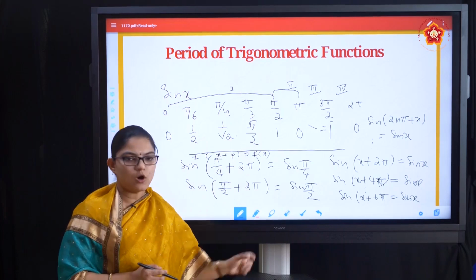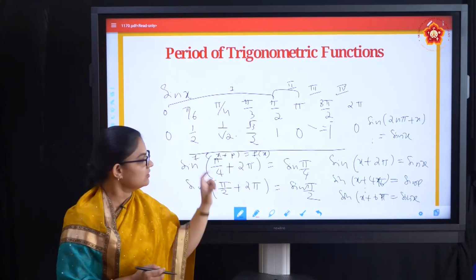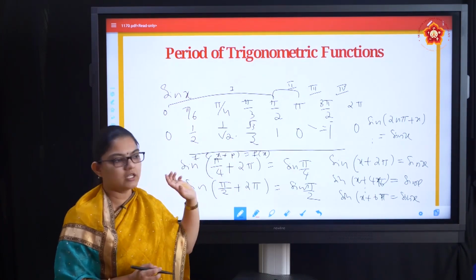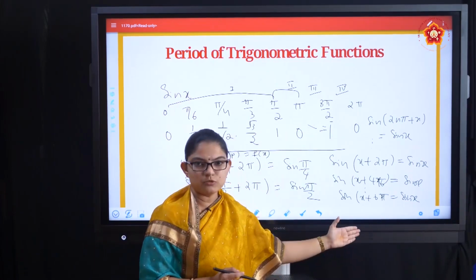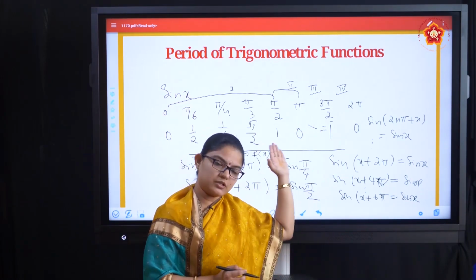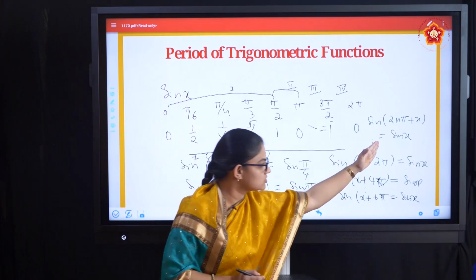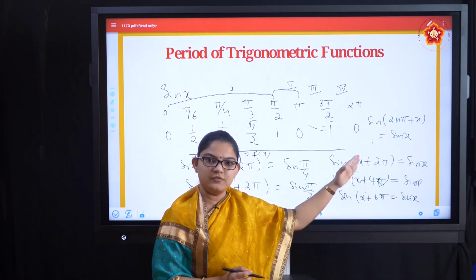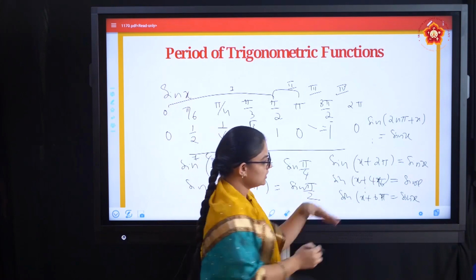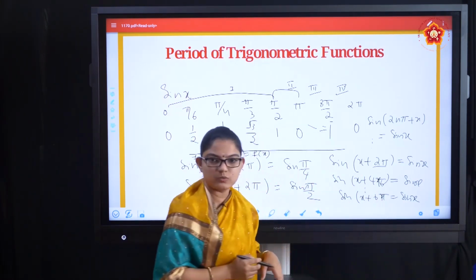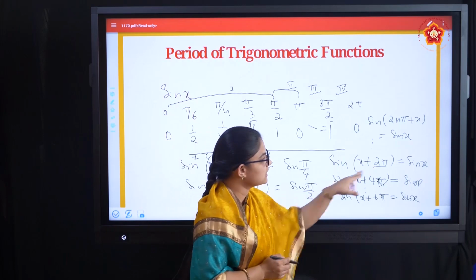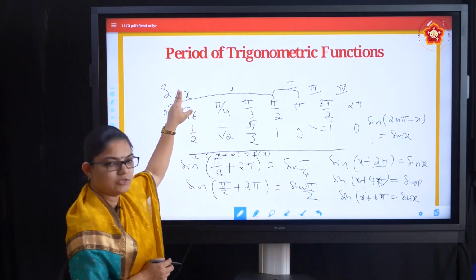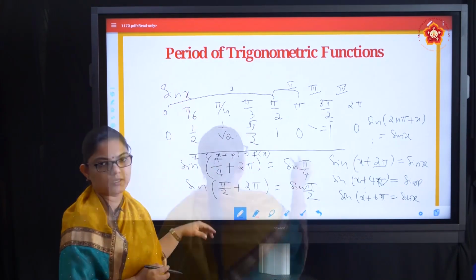So which is the smallest and which is positive and a real number? All are real numbers, but we have to consider the positive ones, that is 2 pi, 4 pi, 6 pi, etc., and among them the smallest one. We see here 2 pi is the smallest one. Therefore we can say the period of the sine function is 2 pi.